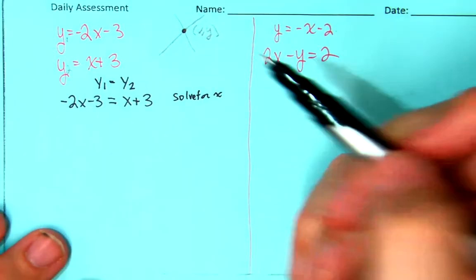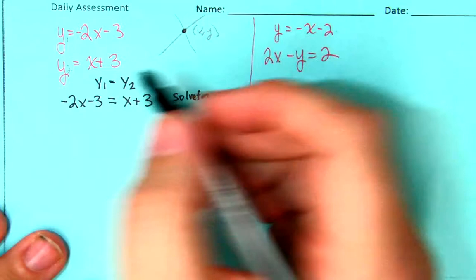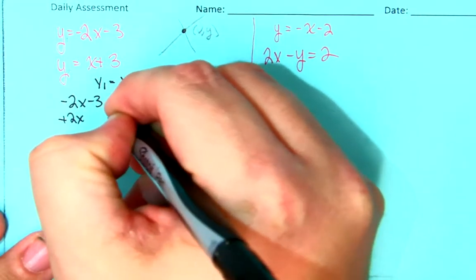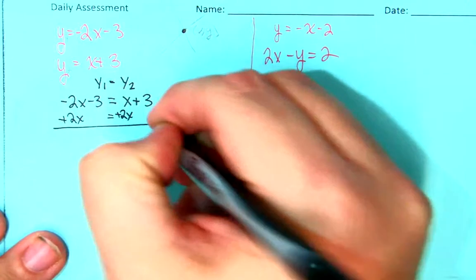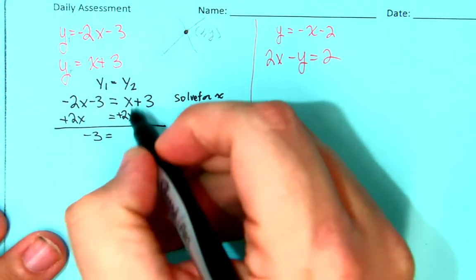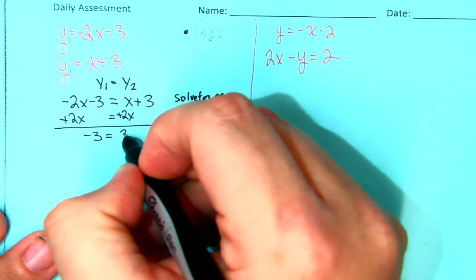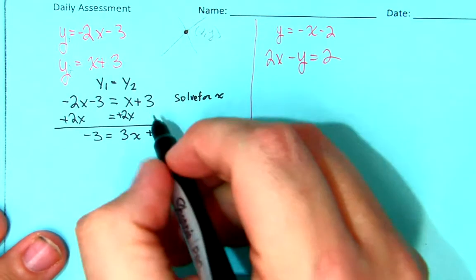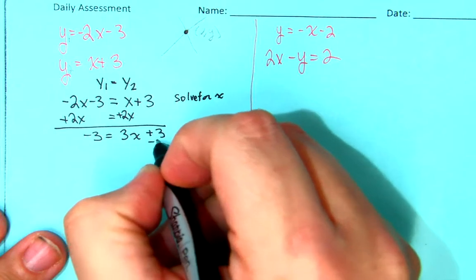First step, I want to keep x's positive, since I like positives. I'm going to add a 2x using the reflexive property to both sides. So I'll get negative 3 is equal to how many x's? 3x's plus 3. Subtract a 3 here.